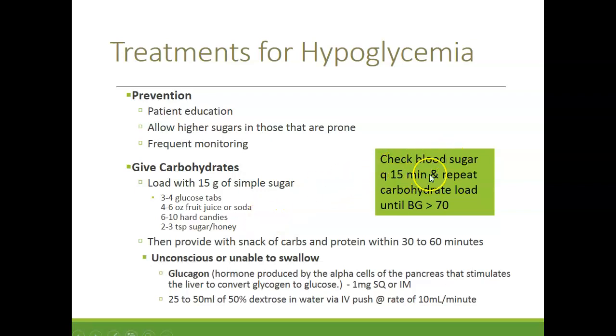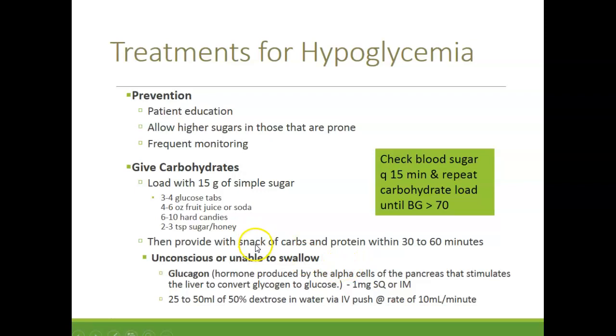Check the blood sugar in 15 minutes and repeat the carbohydrate load until the person's blood sugar is greater than 70. Now let's say you give them the first load of 15 grams and it's over 70, then you're going to provide them with a snack of carbs and protein within 30 to 60 minutes to basically sustain the blood sugar. If not, they could crash again.